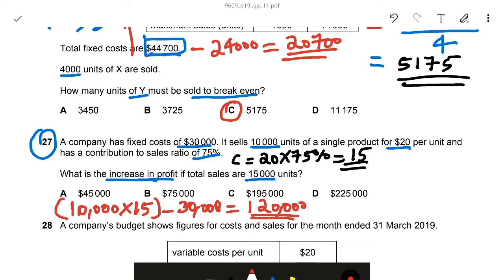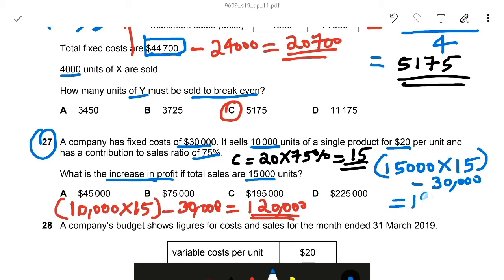Then if we are selling 15,000 unit, so it will be 15,000 multiply contribution 15, then again minus 30,000. So 15,000 unit profit is 195,000.